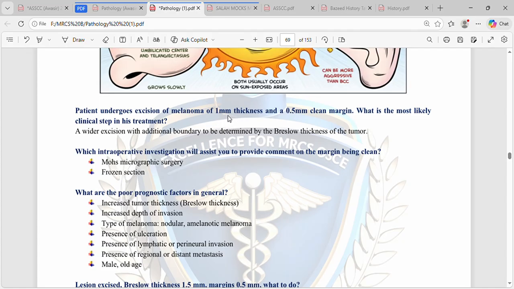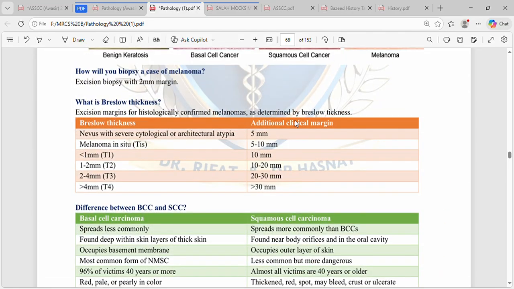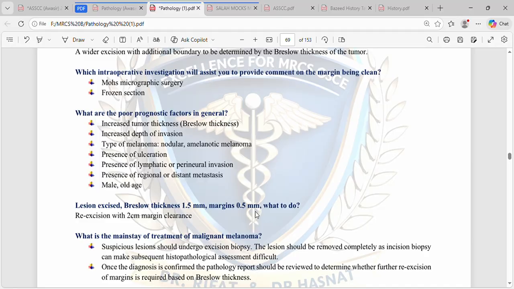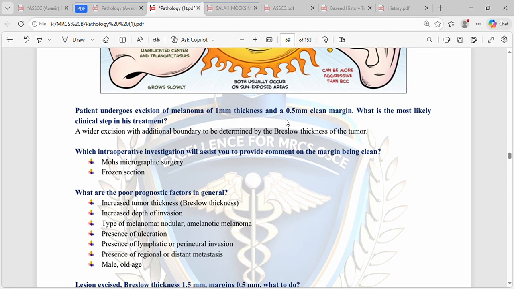In Breslow thickness, for 1 to 2 mm we have to take 10 mm extra excision margin, and here they have taken 0.5 mm. So this is incomplete excision, and a wider excision is needed. You have to take 10 mm extra excision margin.